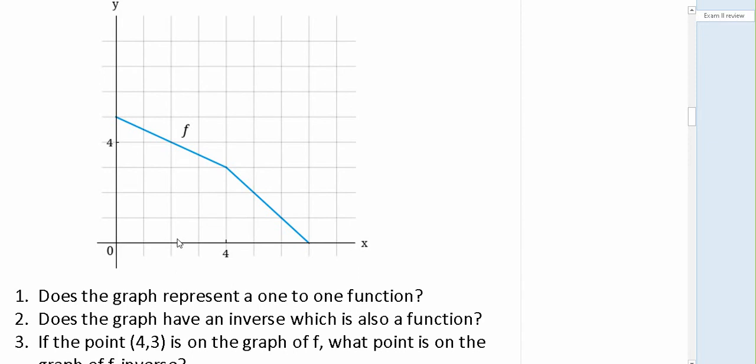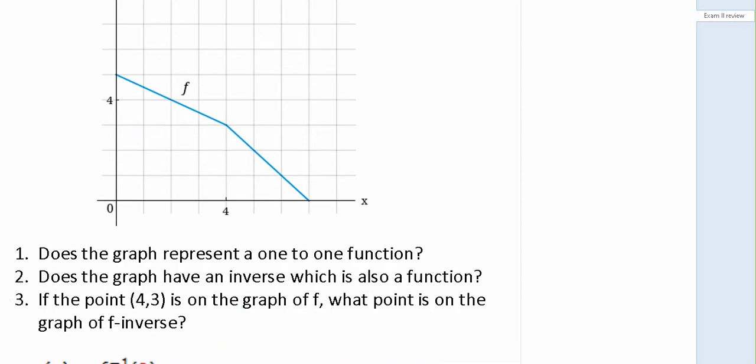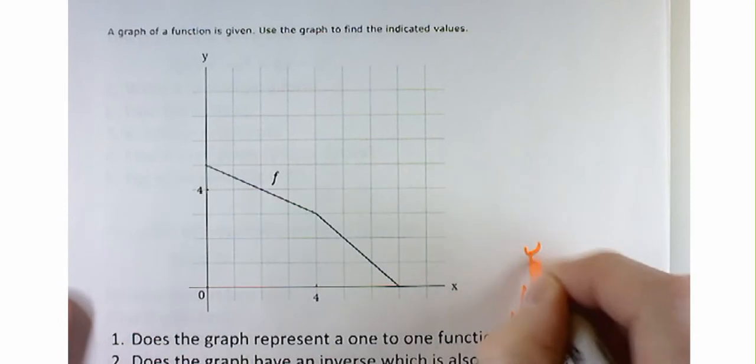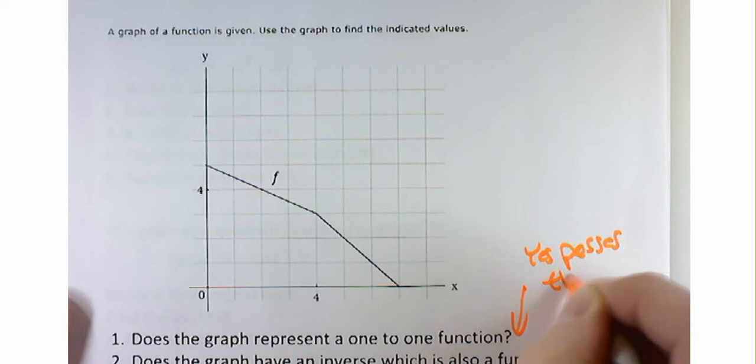And the reason is it passes the horizontal line test. So it's a function, it passes the vertical line test, and it's a one-to-one function, it passes the horizontal line test. So now, the fact that it passes the horizontal line test is really, really cool. So yes, passes the HLT.